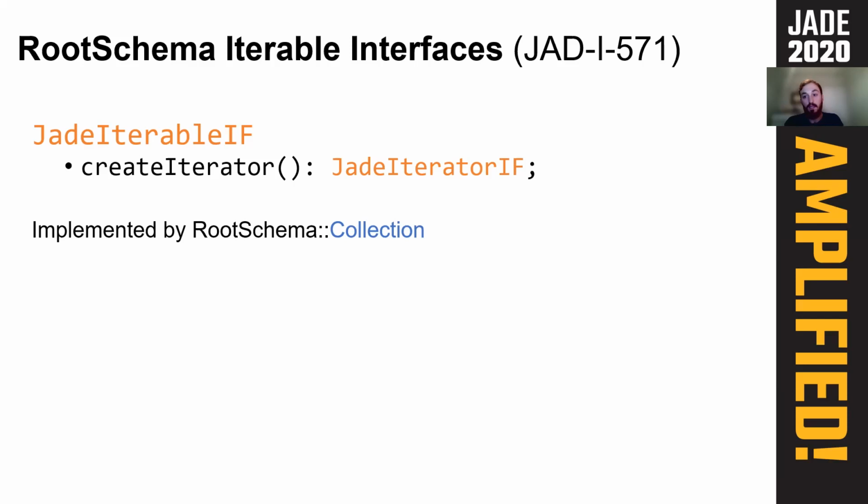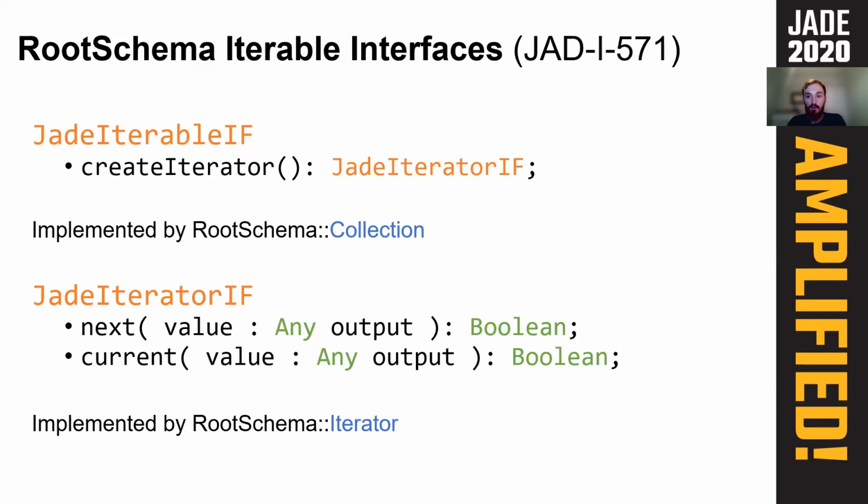And the collection class implements this interface by default. This goes hand in hand with the JADE iterator interface, which is exposed through the create iterator method on the iterable interface. This interface provides a contract for an implementing class to sequentially generate or access elements one at a time. And this is also implemented by the root schema iterator class.